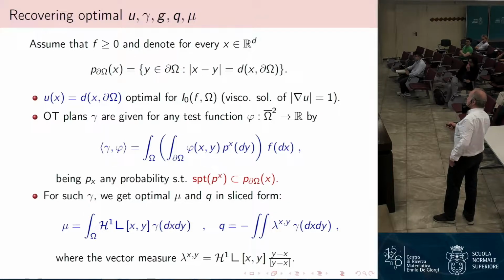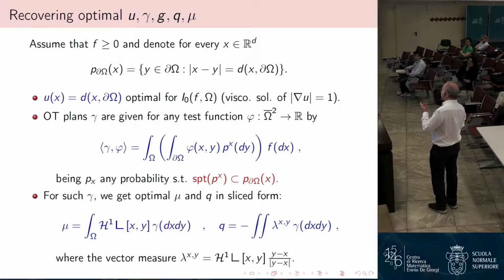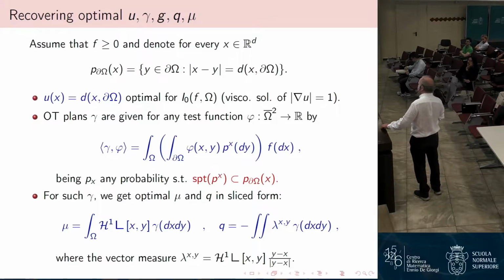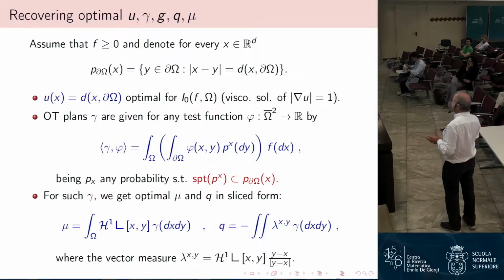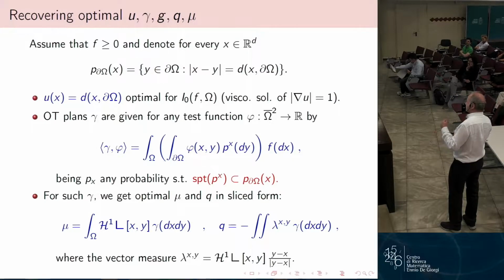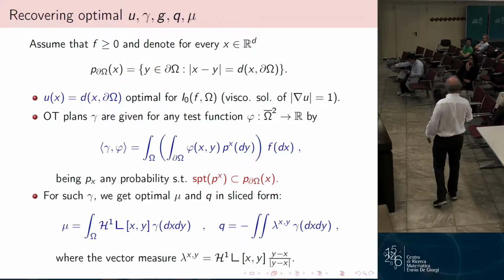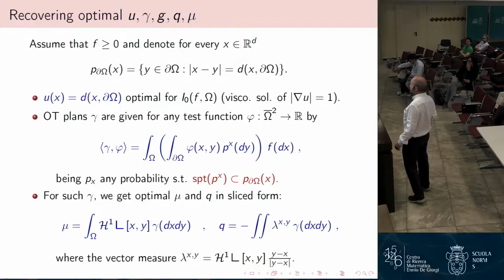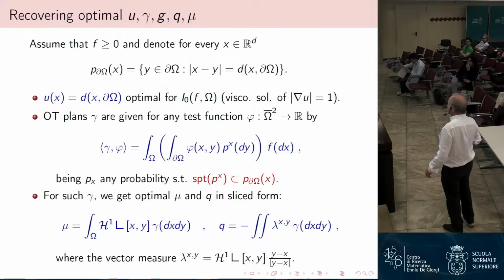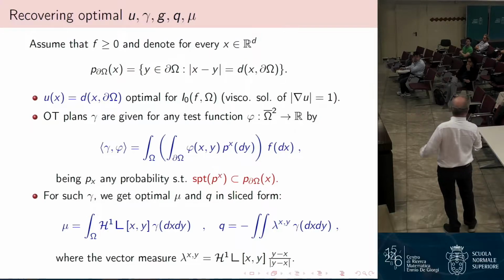For any x in omega, you have a probability whose support is the only condition: it must be supported by the projection points of x on the boundary. For any choice of Px satisfying this, you build the optimal measure, which is the superposition of straight lines. You transport in a straight way, along a geodesic for the Euclidean metric. You superpose these rays, and you have the optimal flux according to this decomposition.